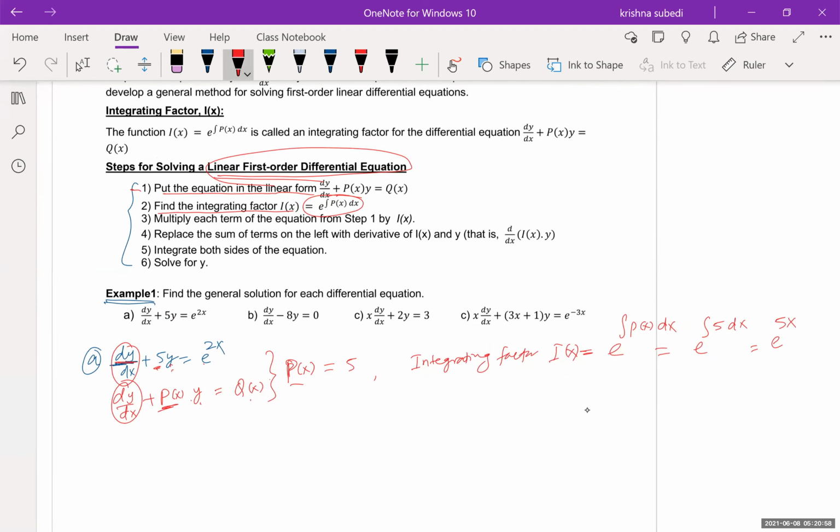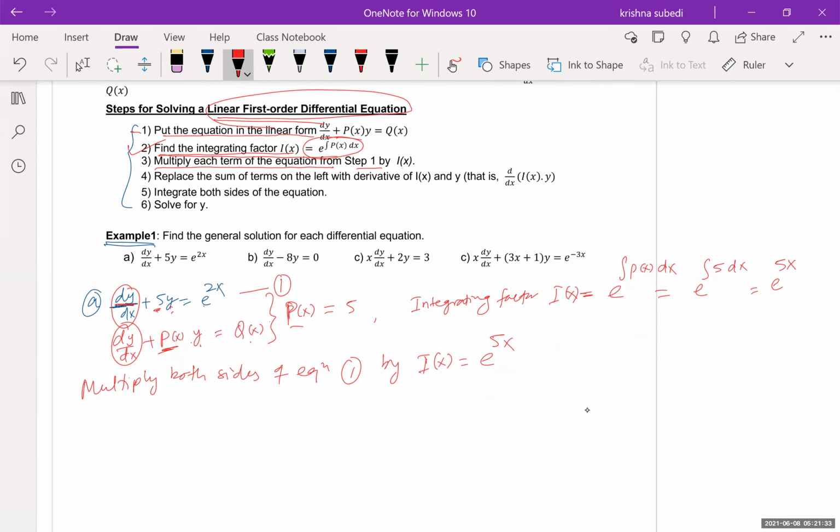Now, step 2 is done. We found the integrating factor. Step 3: multiply each term of the equation in step 1 by I of x. Remember, this is your equation 1. Multiply both sides of equation 1 by the integrating factor, which is e to the 5x.